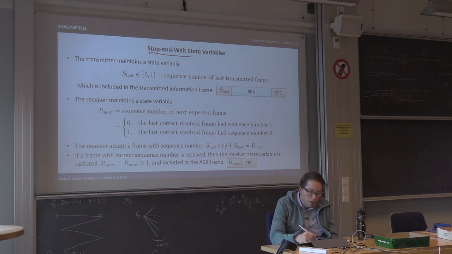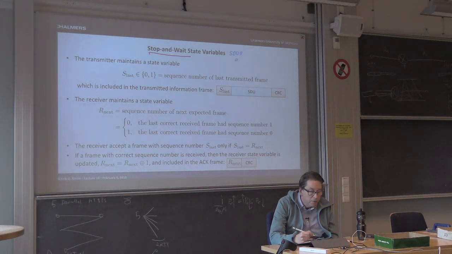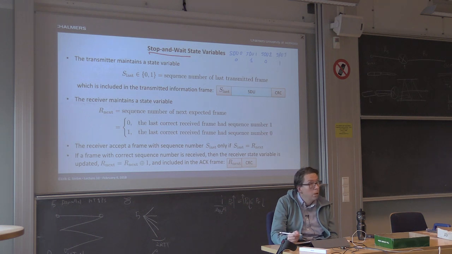So for instance, the first service data unit, number 0, gets sequence number 0. Service data unit 1 gets sequence number 1. The next one, service data unit 2, gets sequence number 0, and service data unit 3 gets number 1.